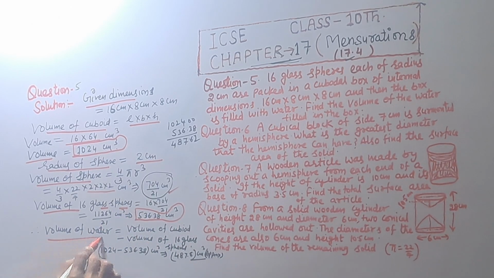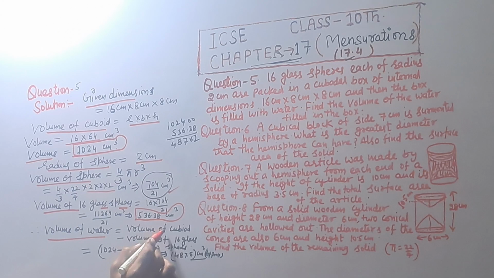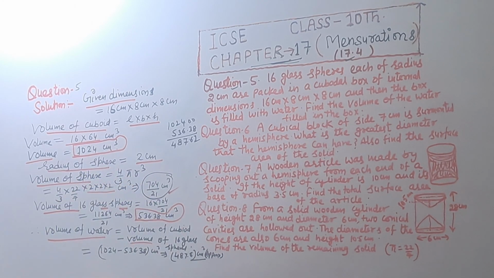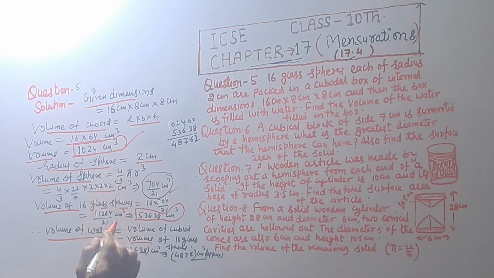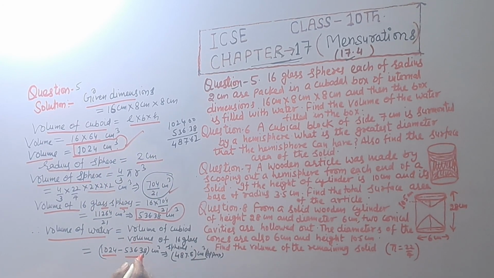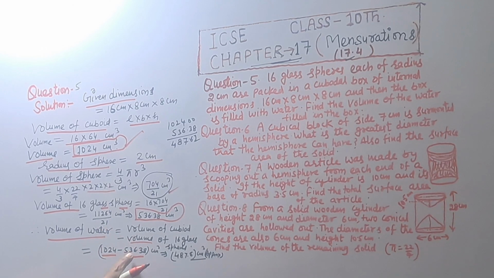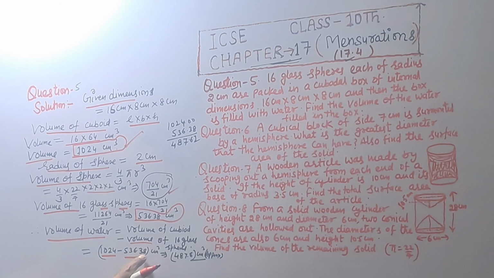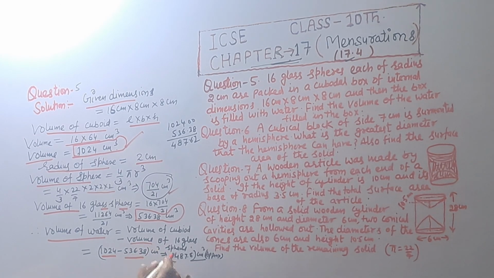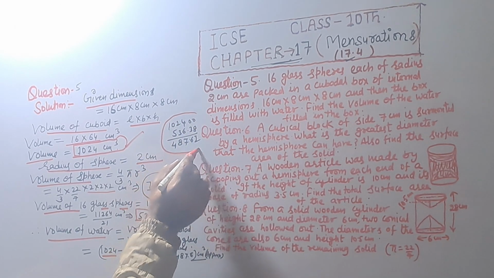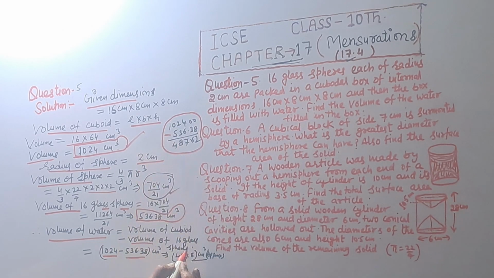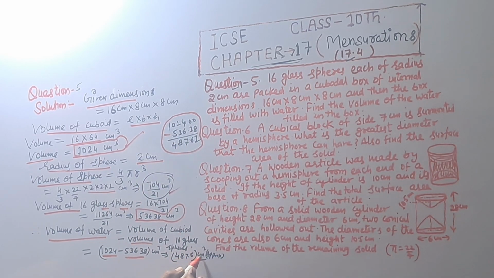And we find the volume of water, that is volume of cuboid minus volume of 16 glass spheres. Volume of cuboid is equal to 1024 minus volume of 16 glass spheres is equal to 536.38. We get 487.6 centimeter cube approx. Answer.